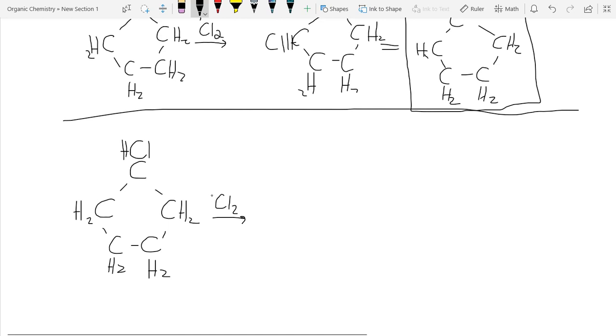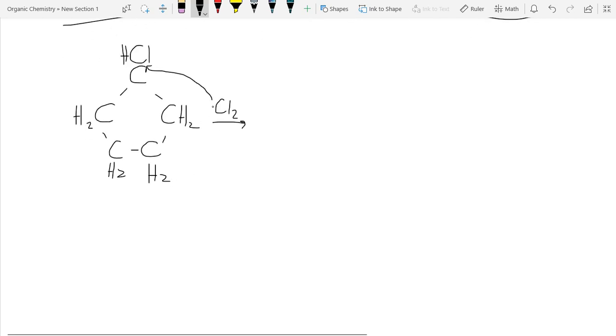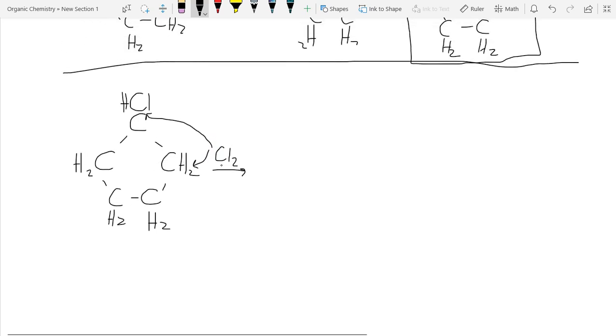Because this chloride can go either onto this carbon here, so this will have 2 chlorides, or it can go to this carbon here, one of the carbons of the outside ring, and take off one of these hydrogens. So that's 2 different dichloro derivatives just right there.